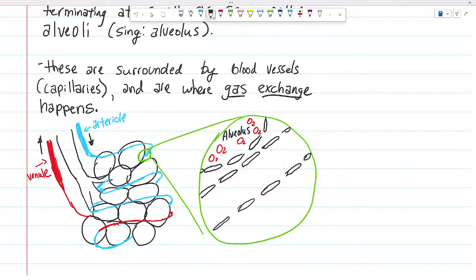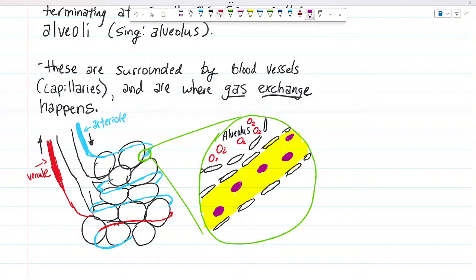And in the capillary, if you remember, what's the liquid portion of blood? Plasma, right? And that plasma is full of red blood cells. I'm going to draw them in purple because they're not going to be at their full reddest yet, because what don't they have yet in high concentration? Oxygen, right?